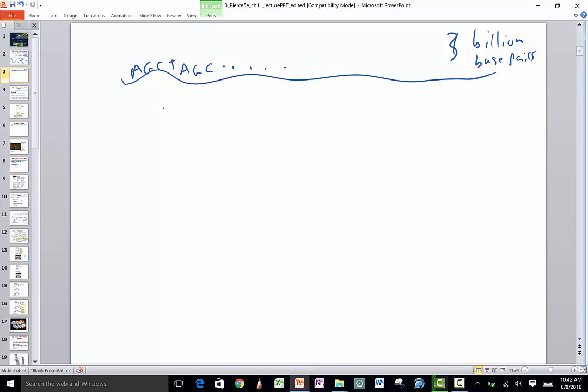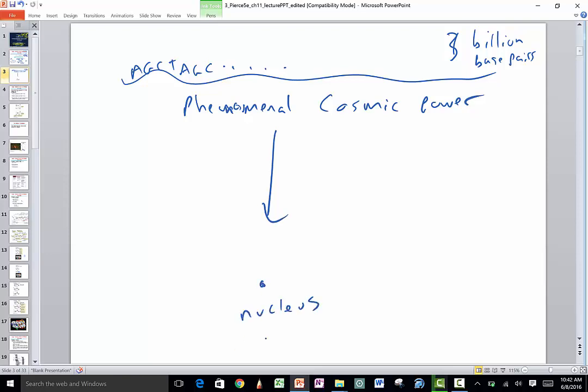So all the features of a complex organism, all that information is contained in the DNA. So we'll call that phenomenal cosmic power. All right, or phenomenal genetic power at least. But we've got to get it down into a nucleus, and that's 1 micrometer. So that's really small. So that's an itty bitty living space.